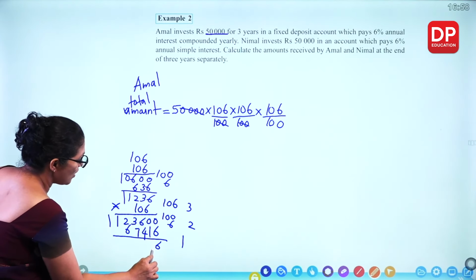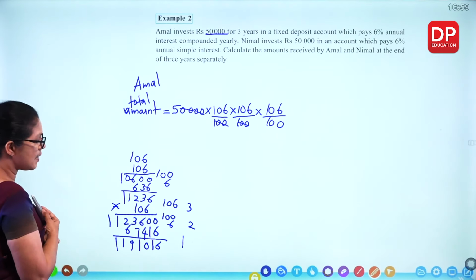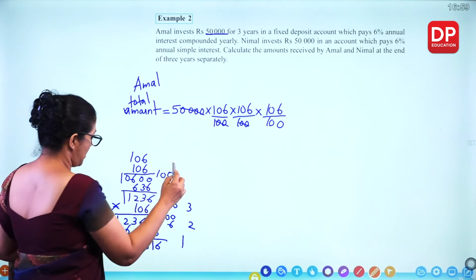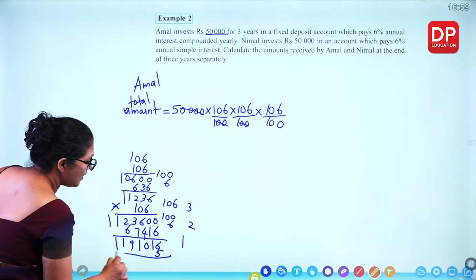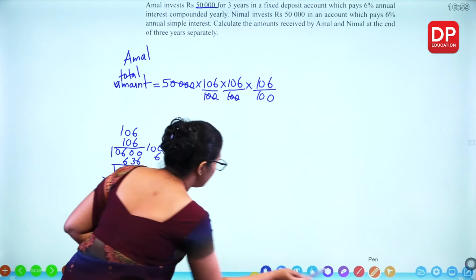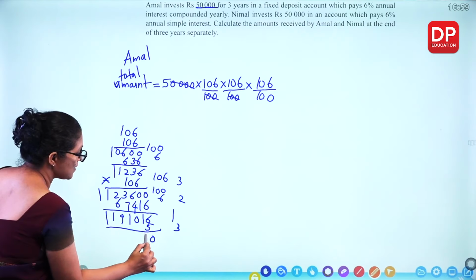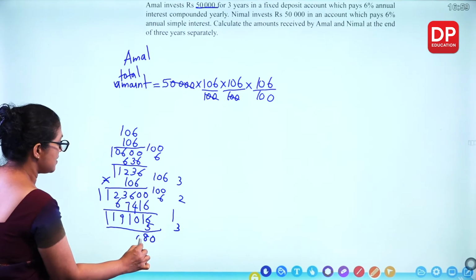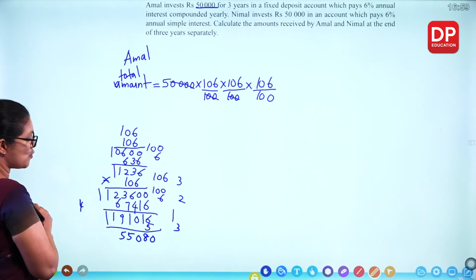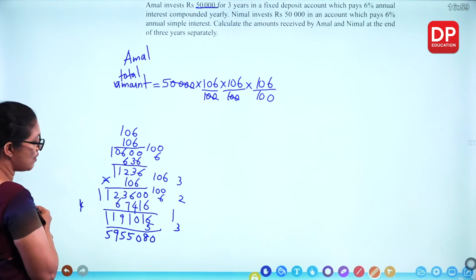When you add these together, you get this amount and multiply this by 5. 5 times 6, 30, 3 remaining, 5 times 1, 5 plus 3, 8, 0, 5. 5 times 9, 45, 4 remaining, 5 times 1, 5 plus 4, 9, and 5 times 1, 5.